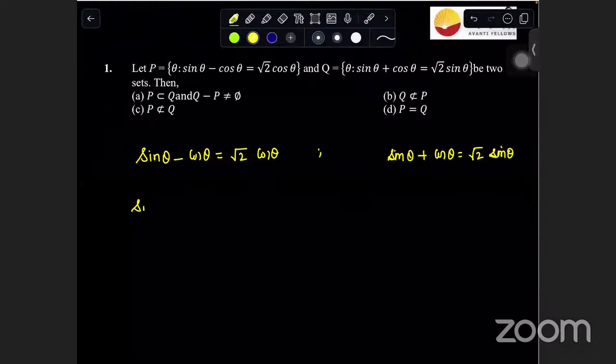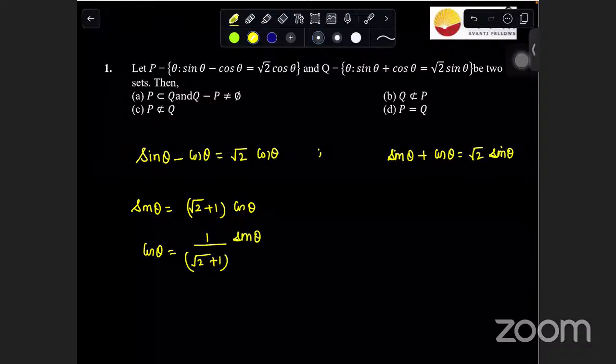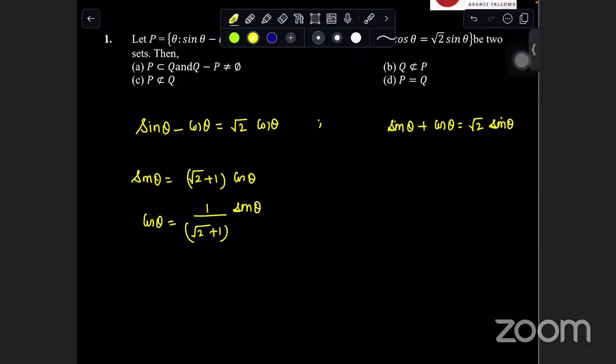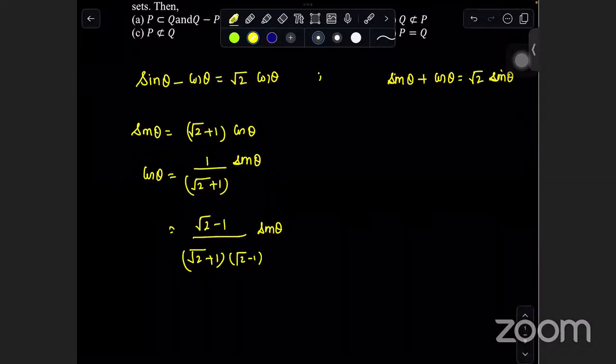Now see, can you say that sin theta is under root 2 plus 1 cos theta? So from this I can write cos theta is 1 upon root 2 plus 1 sin theta. Now if I rationalize it, it will be root 2 minus 1 in the numerator. In the denominator it is root 2 plus 1 into root 2 minus 1, times sin theta.